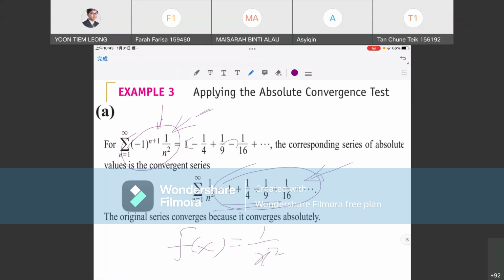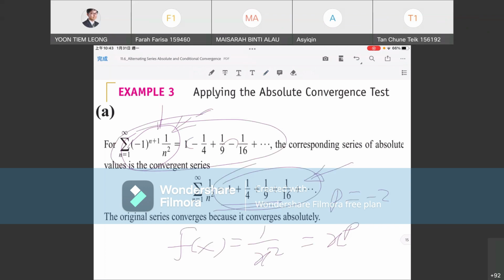It's a p series with p equals -2, and we have seen that for such a p series, when you apply the integral test, this p series would converge, right? So that means the alternating series here converges absolutely. Therefore, the alternating series converges.